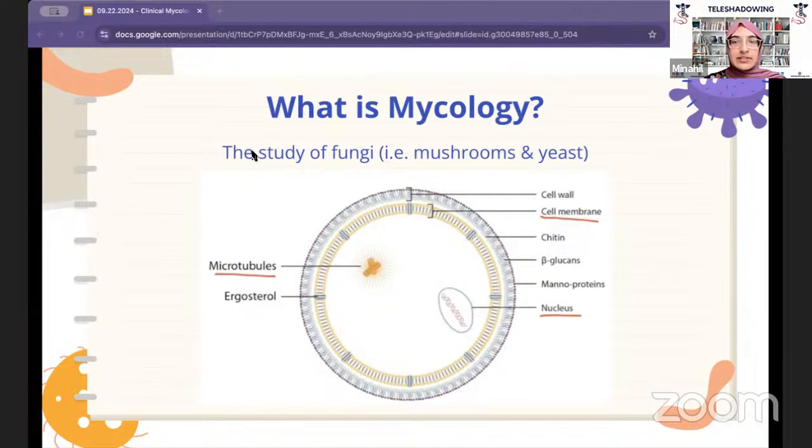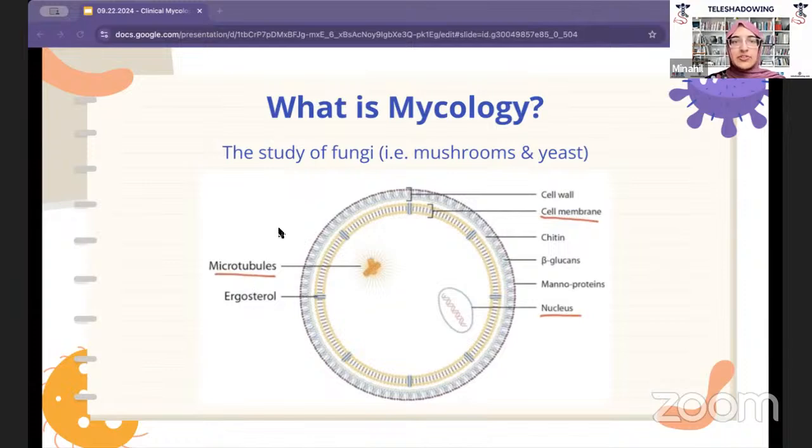But there are some key differences that I didn't highlight, like the cell wall here. Just this one example. Remember, cell walls are not in human cells, but they are in plant cells. So if you're thinking of a mushroom, you might think, well, it's like a plant, right? It would probably have a cell wall. Fungi also have a unique molecule in their cell membrane called ergosterol, on the left.